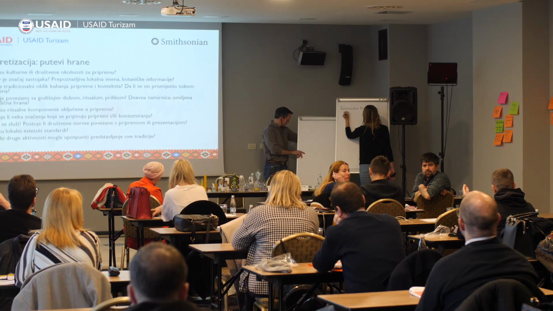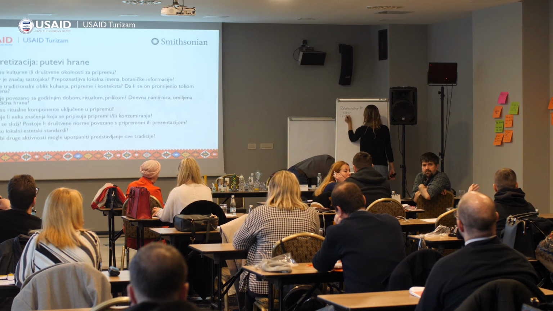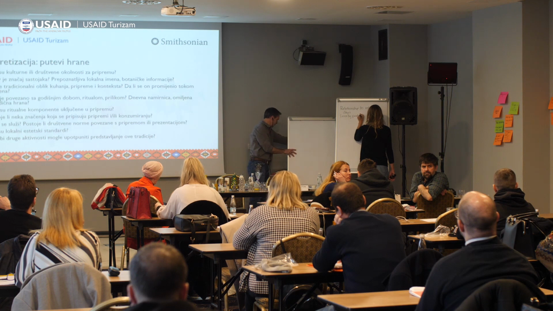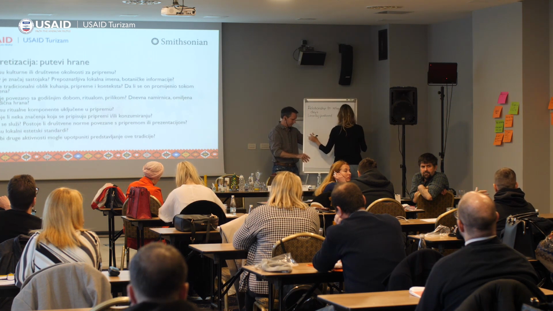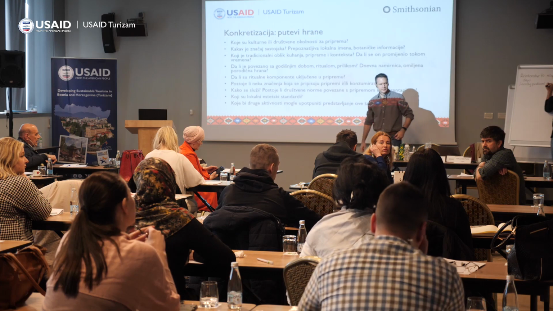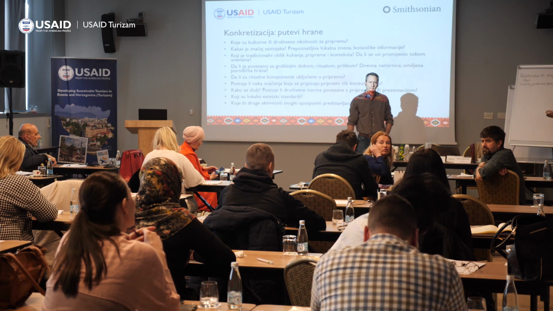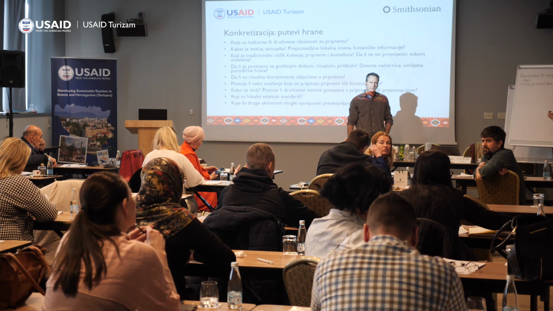Then secondly, depending on the area, on the region, different food is prepared. For example, we have a lot of lamb-based food, and it is prepared the day before and served to the guests. So pork meat, lamb as well.